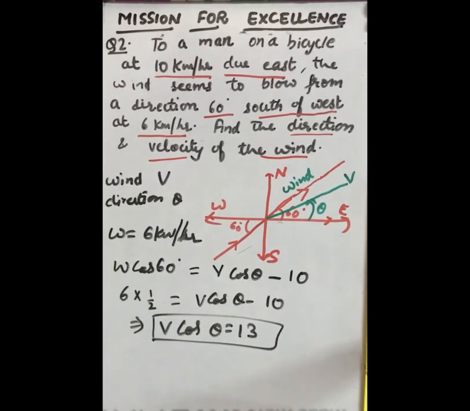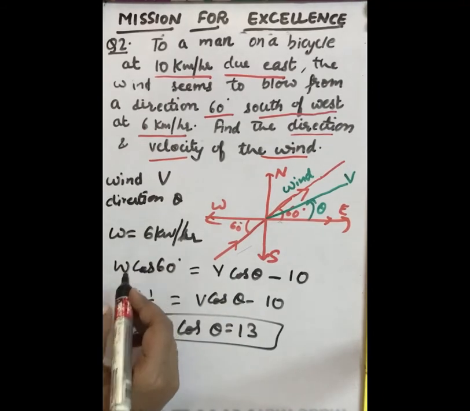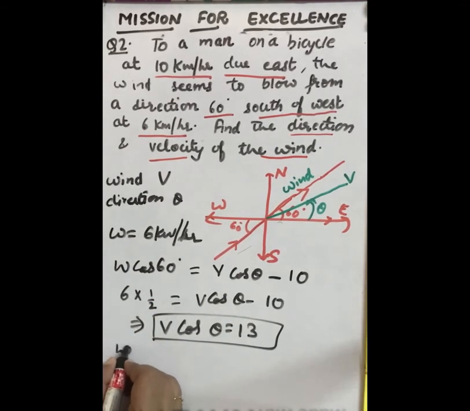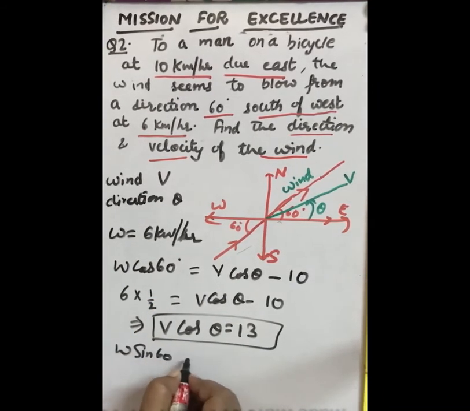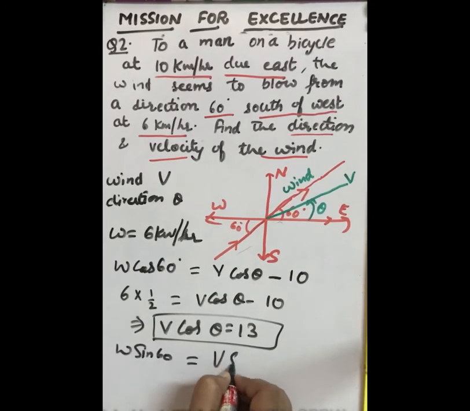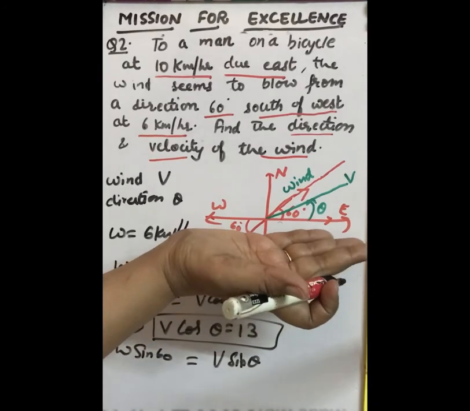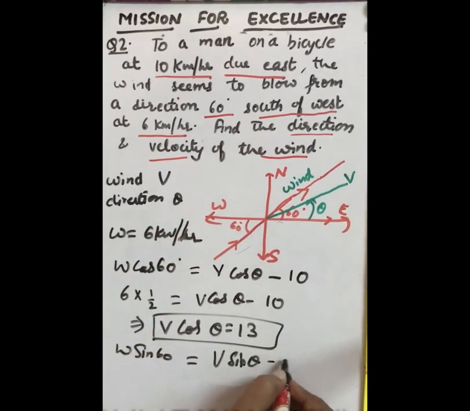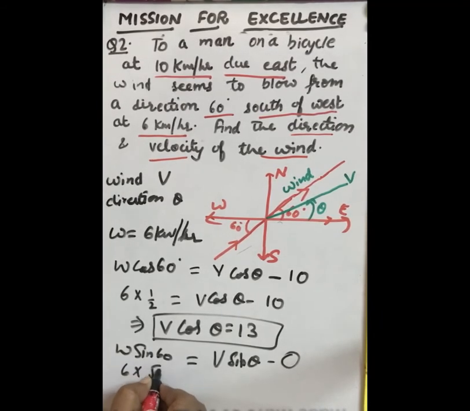Similarly, if we take the component in y direction, or in the perpendicular direction, we take sine. So W sine 60 will be equal to v sine theta, as the component of velocity of man in this direction will be 0. Put the value of W, 6, sine 60 is √3/2.